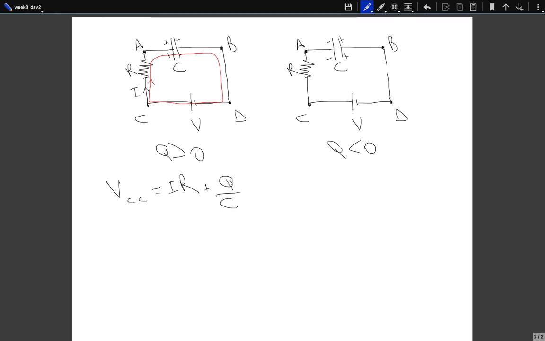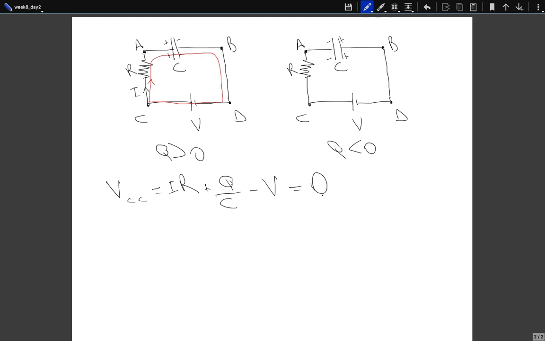It doesn't make any difference. Now I'm at the point B. From B to D, no potential change. From D to C, what is the potential drop? Minus V. So this should be equal to 0.